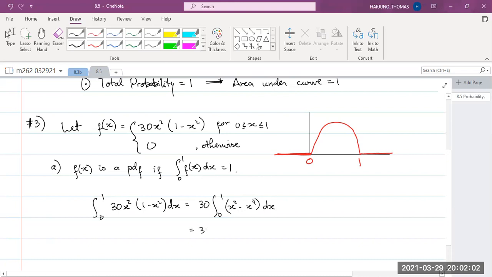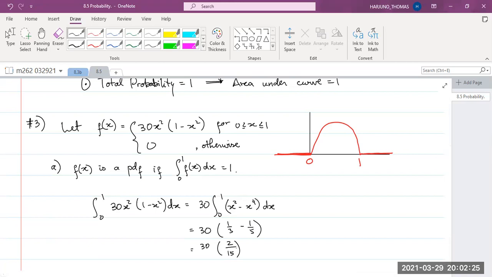This is 30 times 1/3 minus 1/5. Okay, so this is 30 times 2 over 15. Huh? It is not. Hold on. Did I integrate that incorrectly?